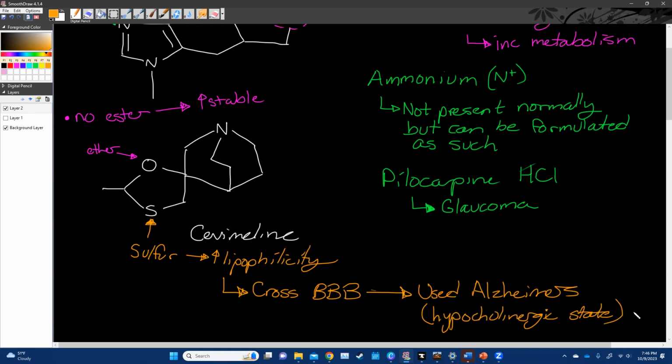So in Alzheimer's, someone has decreased cholinergic signaling, and so using cevimeline allows for us to stimulate muscarinic receptors in the brain.